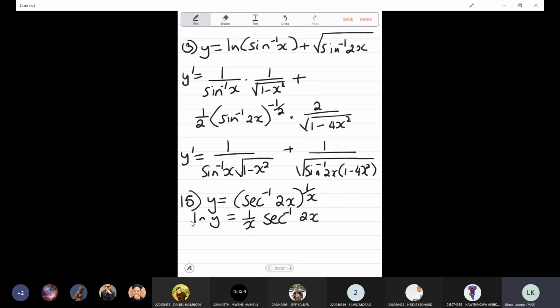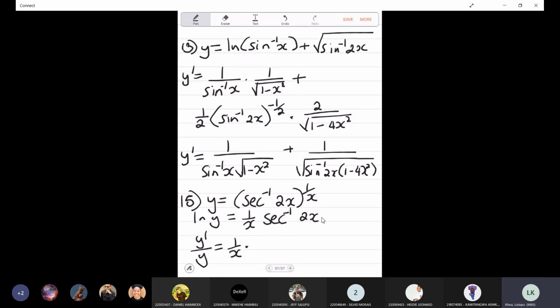So the derivative of ln of y is y prime over y. And on the right hand side, we need to use the product rule over here. So the first one as it is, you have 1 over x, and then you multiply by the derivative of sec inverse of 2x.